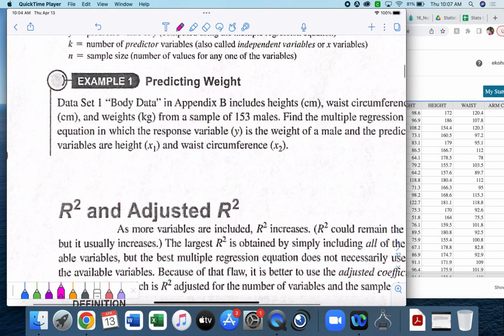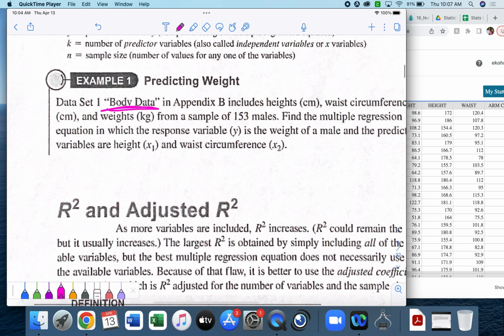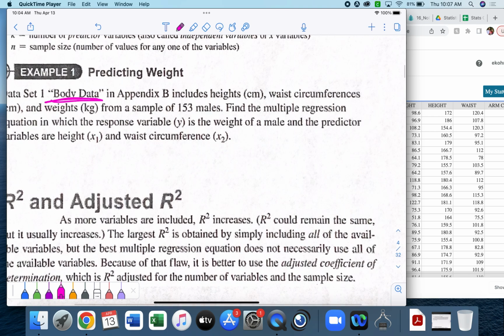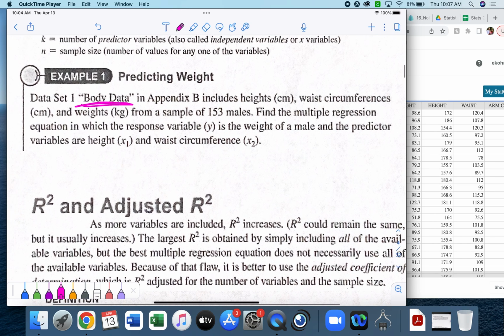We're going to do a couple of examples, and then we'll be done. Body data. That's what we just pulled up on our computers. It says data sets, body data includes heights, underline that, waist circumference, there's a second one, and weights from a sample of 153 males.